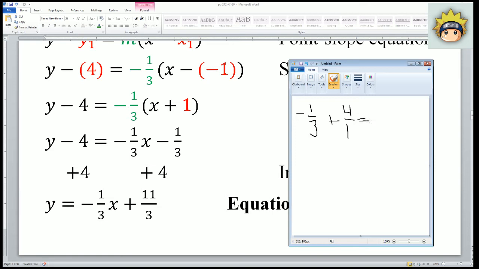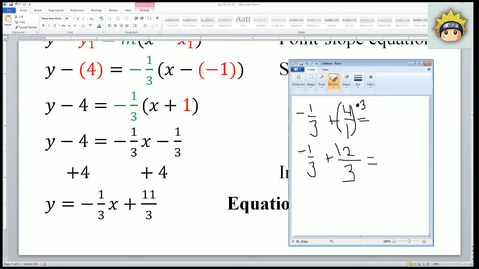But again, I'm going to change this. I'm going to find a different ratio. I'm going to multiply this by a number so I can get the same denominator, because when we add fractions, we have to have the same denominator. I'm going to multiply this by 3, and I should get negative 1 over 3 plus 12 over 3. 4 times 3 is 12, 1 times 3 is 3.